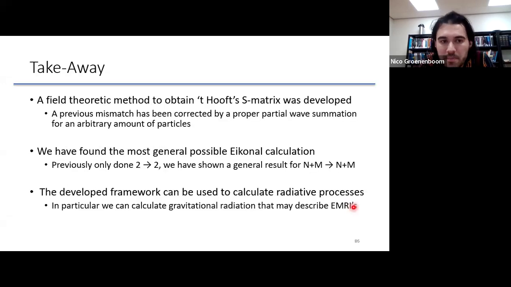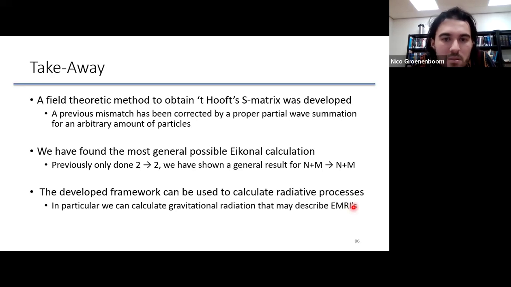So as a takeaway, the most important conclusion of this talk is that we've managed to develop a field theoretical method to obtain the 't Hooft S matrix, and previous mismatches have now all been corrected by doing the correct full partial wave resummation and including an arbitrary amount of particles.